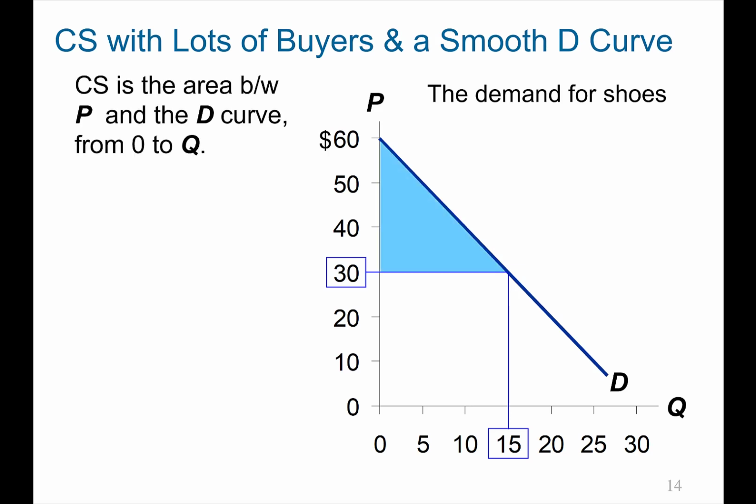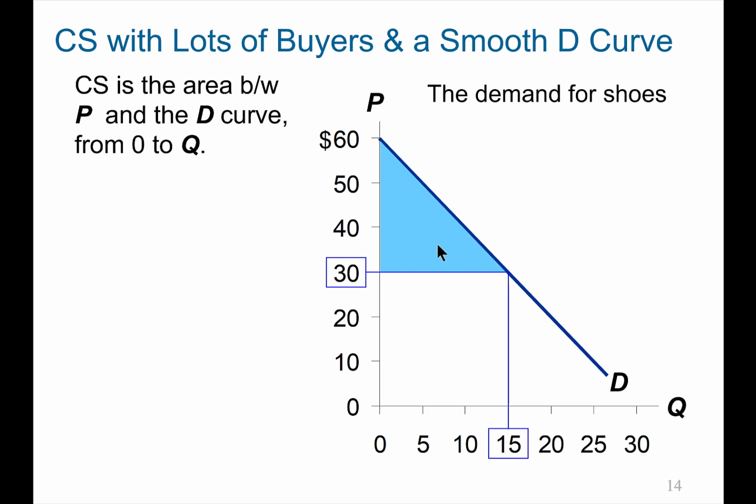All right, so we end up getting this area here, adding up across all consumer surpluses for each of these units. And notice that consumer surplus is identified by the area below the demand curve and above price up until the amount of units that are sold, or bought, same thing.